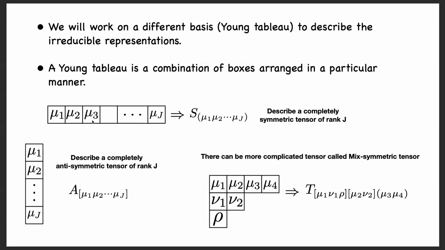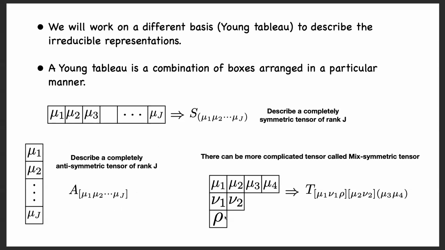In this case, we have a row of J, and this represents a symmetric tensor of rank J. Similarly, I can have a column of length J, and they represent an antisymmetric tensor of rank J. So all these different collections of blocks basically form a reducible representation of this group. Each different shape of boxes corresponds to a different reducible representation.